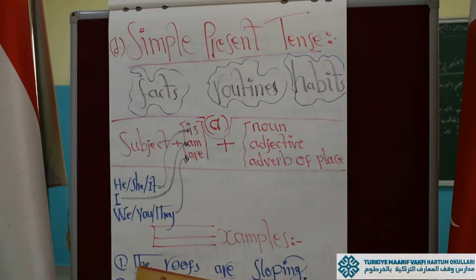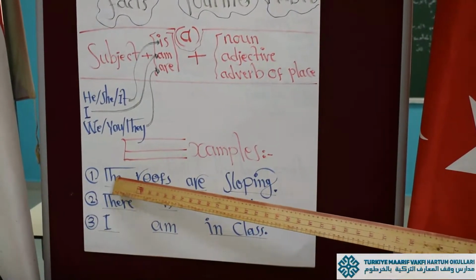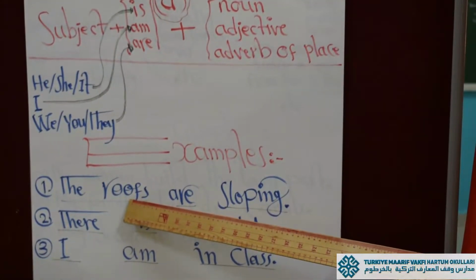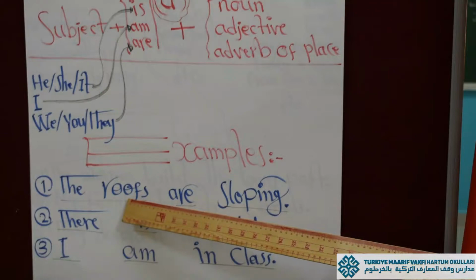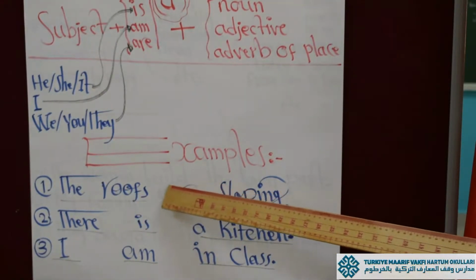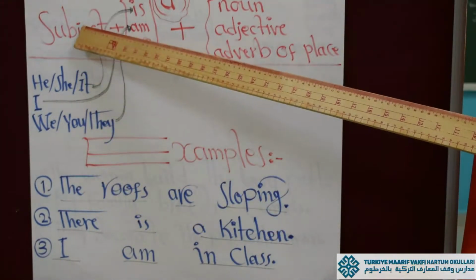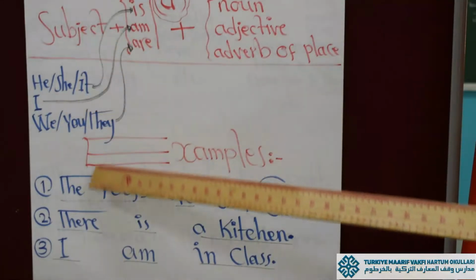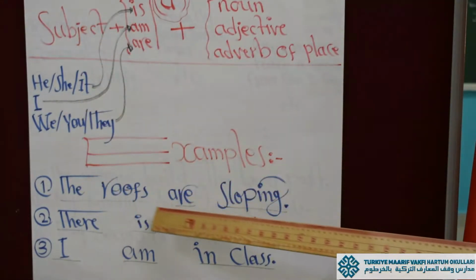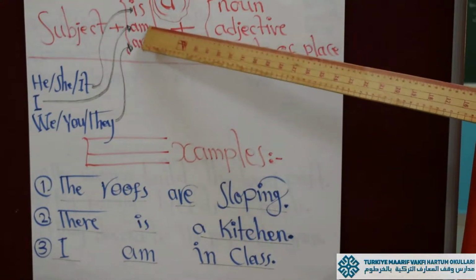Example number 1. The roofs, I mean the upper parts of the houses, the roofs, the top part of a room or a house. The roofs are, so we call the roof the subject, because now we can say they. So the roofs are, is a helping verb.